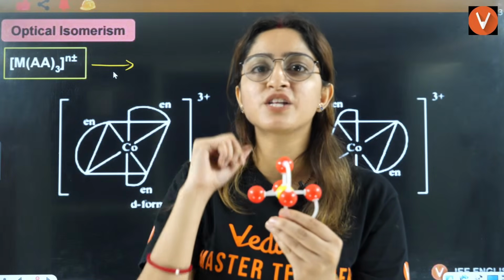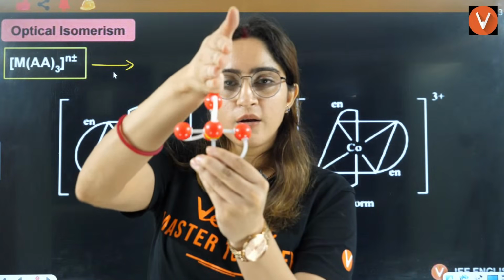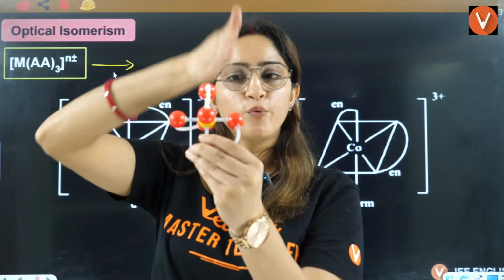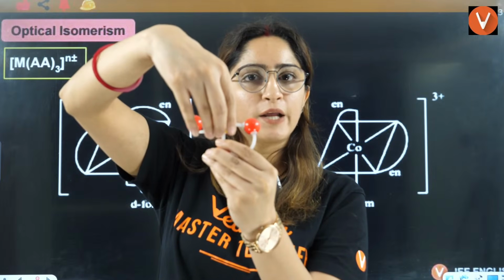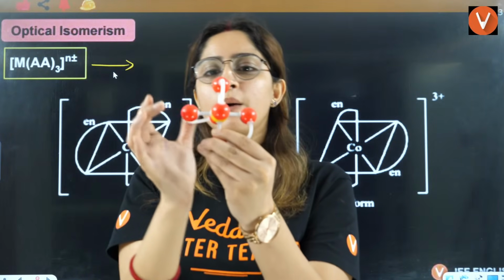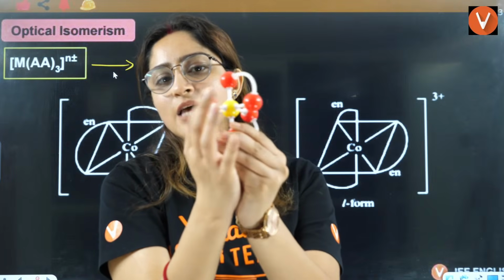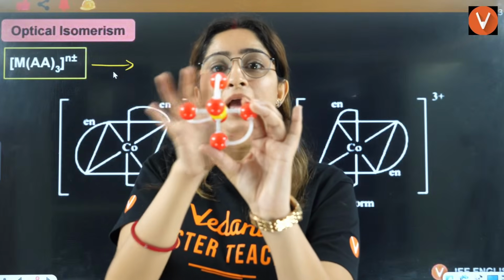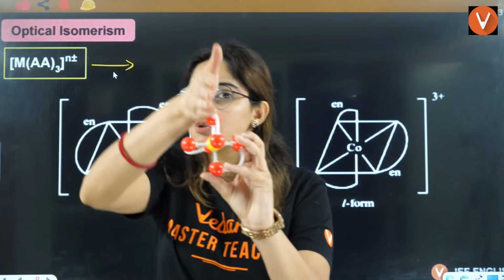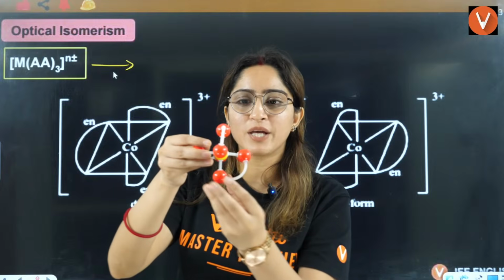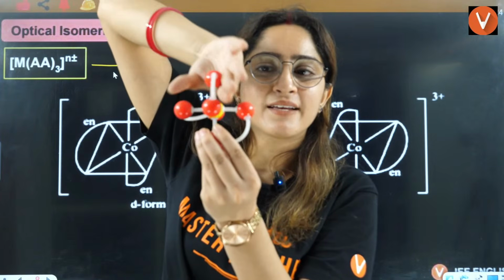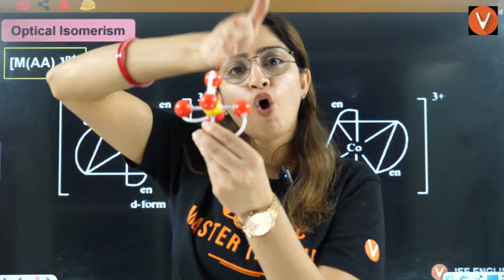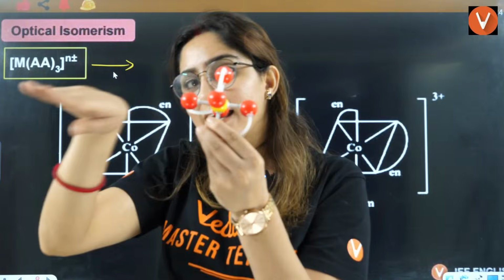The axis will change. When you pass a plane from here, this particular ligand will be cut into half, but here this is, for example, on the x-axis and this is on the z-axis. So the axis has changed. It is not divided into equal halves, because along the y-axis you will have something on the z-axis, and along the y-axis here you will have something on the x-axis.